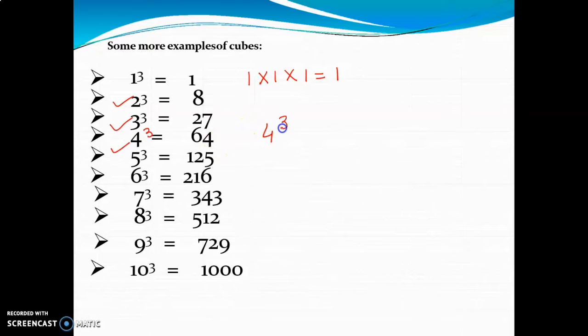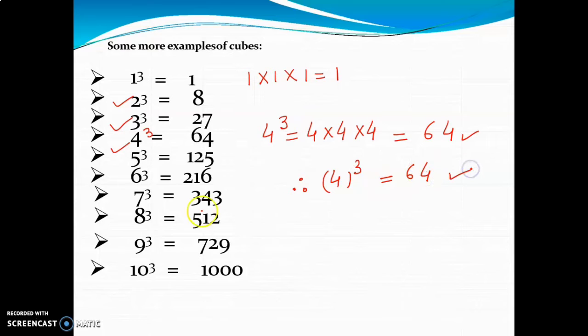The cube of 4 means 4 multiplied by 4 multiplied by 4, so the number is multiplied by itself 3 times, and as an answer it gives you 64. So the cube of 4 is 64. Here you can see various examples of the cube of a number.